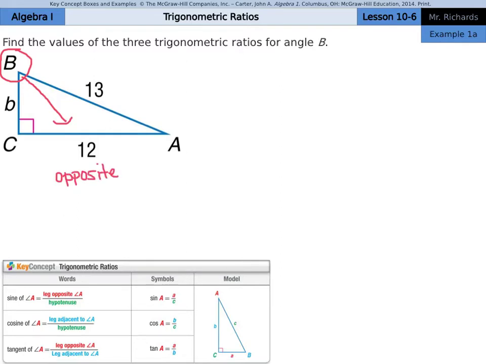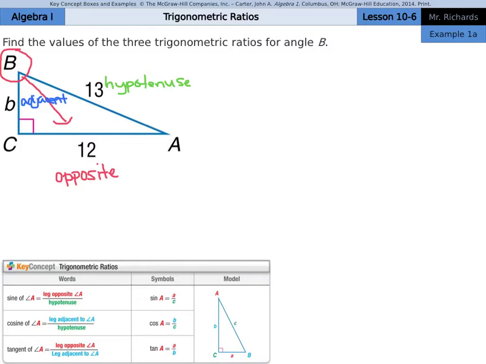Well, the right angle tells us where the hypotenuse is. And opposite the right angle is the hypotenuse. So this 13 is my hypotenuse. Which leaves us then with our adjacent, and that is here at B. Is my adjacent side.